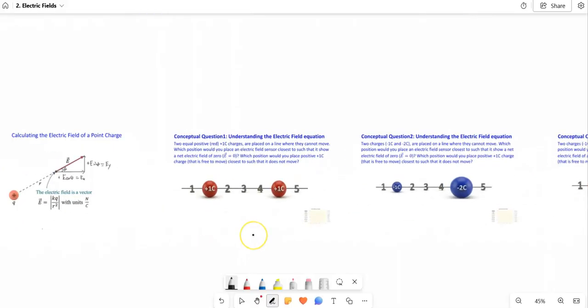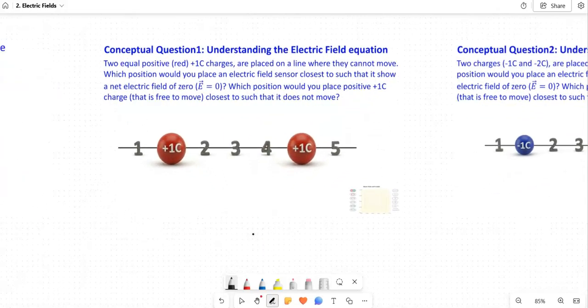Okay? So you've done this before, but with forces. You have two positive charges here, anchored in place and can't move on this number line, and you're going to place a third positive charge somewhere on this number line that is free to move, but where you place it, it won't move, meaning the forces will be balanced and there'll be no acceleration vector.